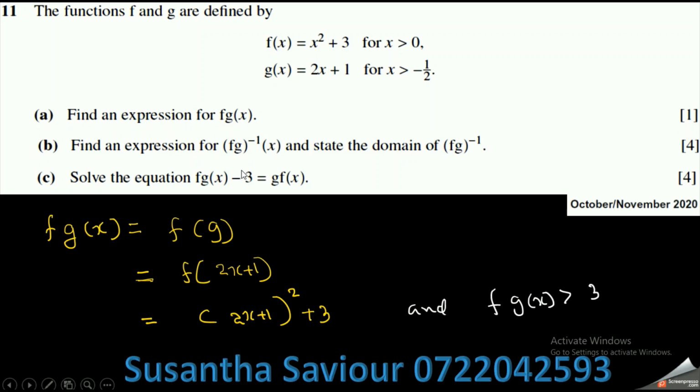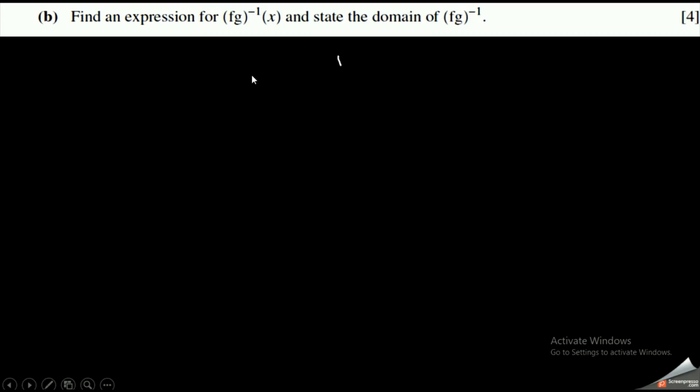Next part of the question, we are supposed to find the inverse of fg, right? We will look at it. Inverse of fg, where fg(x) is this. Then what do we do? Our typical procedure of finding the inverse of a function is to replace this by y and make x the subject.